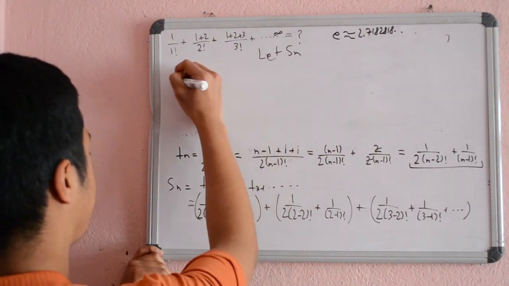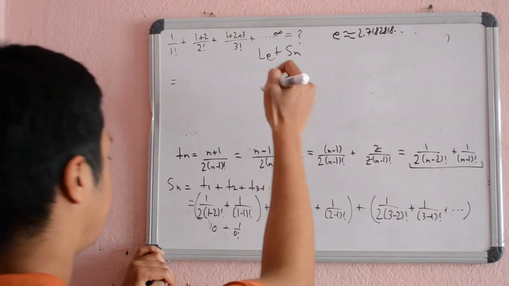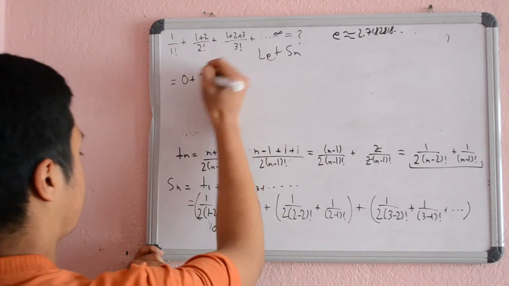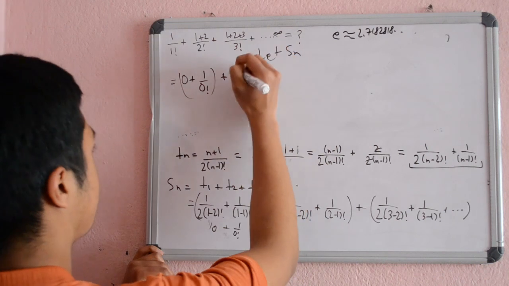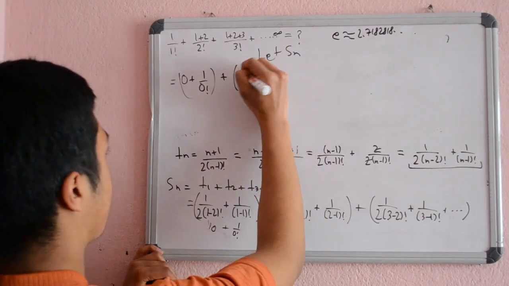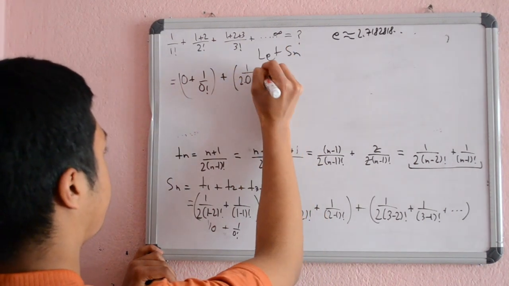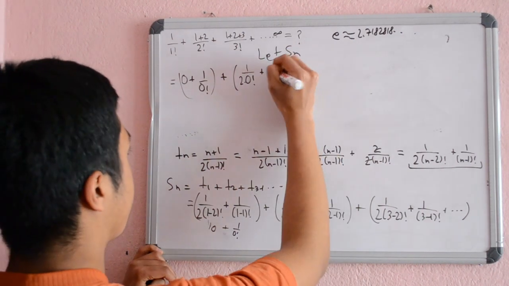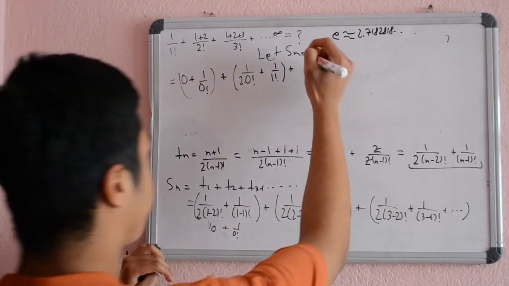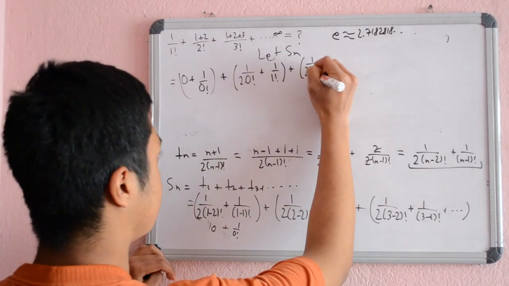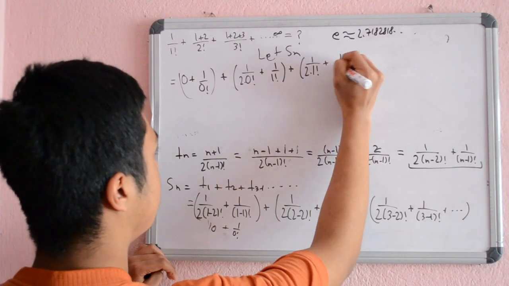So we're going to have 0 plus 1 by 0 factorial, plus over here we'll have 1 by 2 into 0 factorial plus 1 by 1 factorial, plus I haven't simplified it yet, you'll understand why in just a few moments.